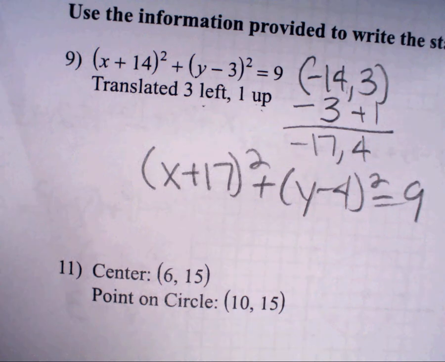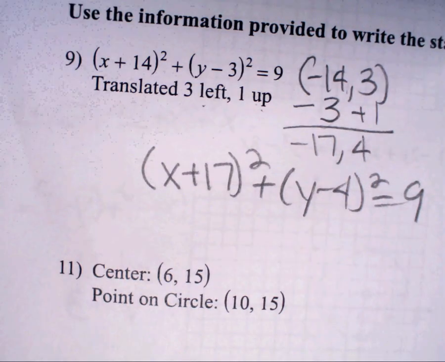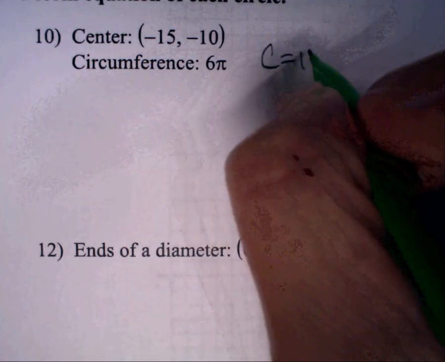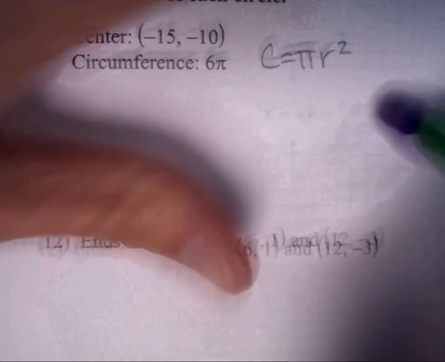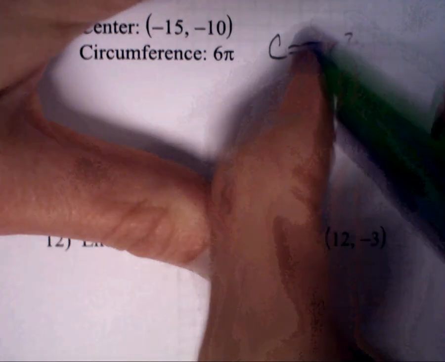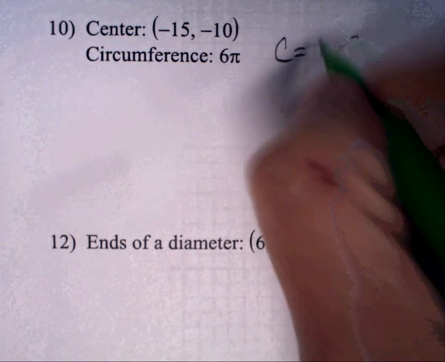So let's look at 10. So 10 is excellent because you need to know your circumference equation. So your circumference equation is either pi r squared, wait, nope, that would be area. Circumference is 2 pi r.